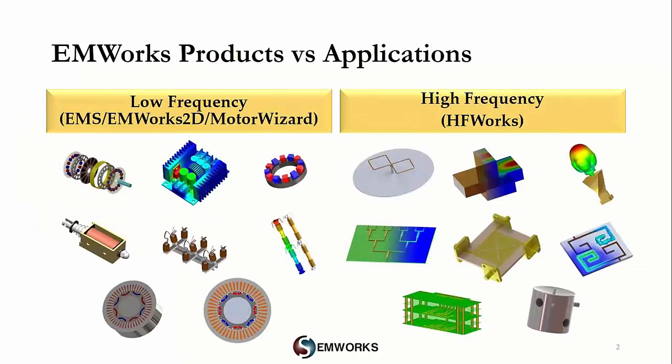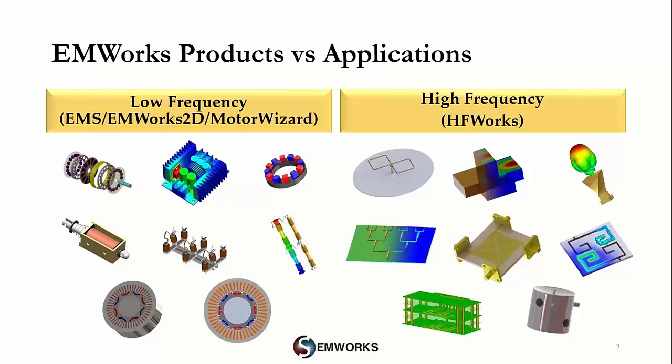Now, let us do a quick recap on EMWorks products and their related applications. We can divide EMWorks offerings into 2 categories: applications related to low-frequency simulation and applications related to high-frequency simulation.